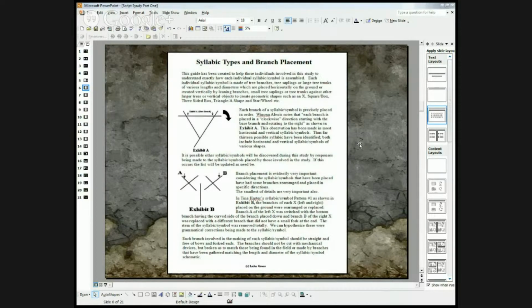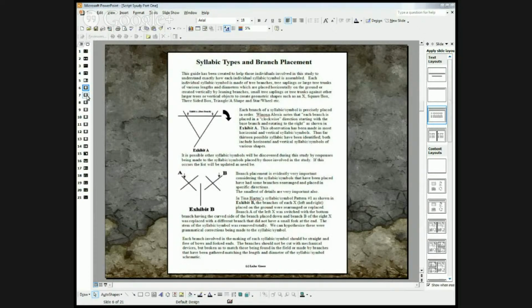And this is just the starting point of how the symbols should be placed. Very important, because what we found is just the slightest error in placing these symbols, they're either not messed with or they're corrected. And we'll get to that point here shortly.